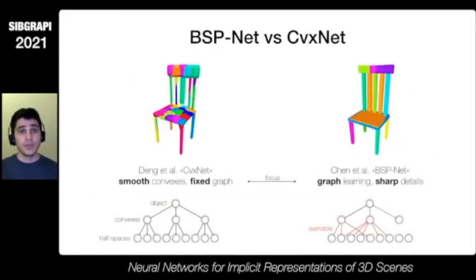Again, the CSG tree is fixed in the ConvexNet representation. However, this network is capable of representing smooth convexes. On the other hand, BSP-Net can learn a part of the tree and can represent sharp details.